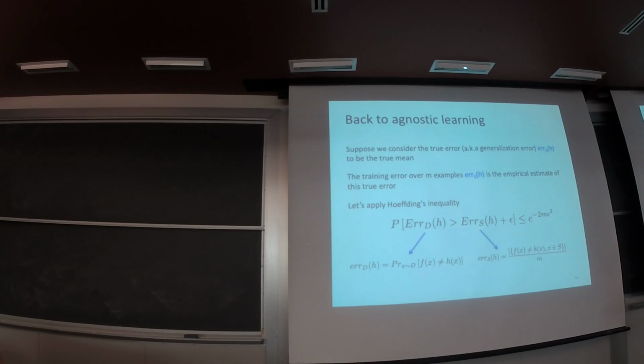And we find that the probability that the true error is bigger than the training error plus epsilon is less than or equal to exponential of -2 multiplied by the number of training examples multiplied by epsilon squared. That's how we get the relationship between the true error and the empirical error, or the training error.